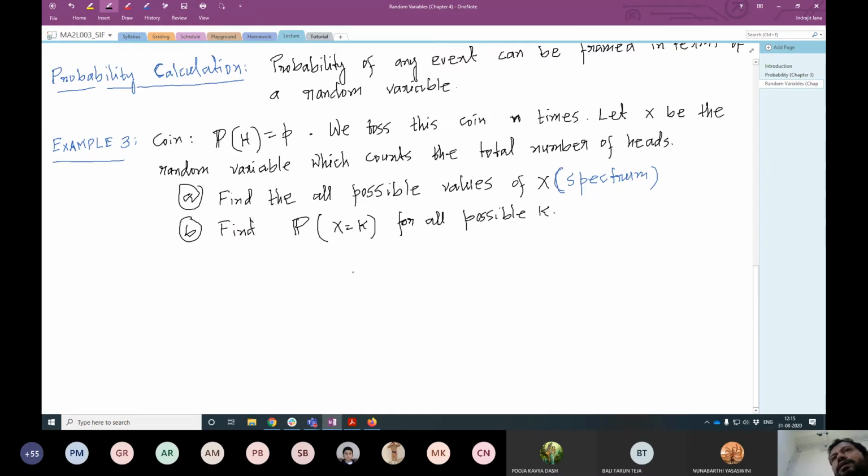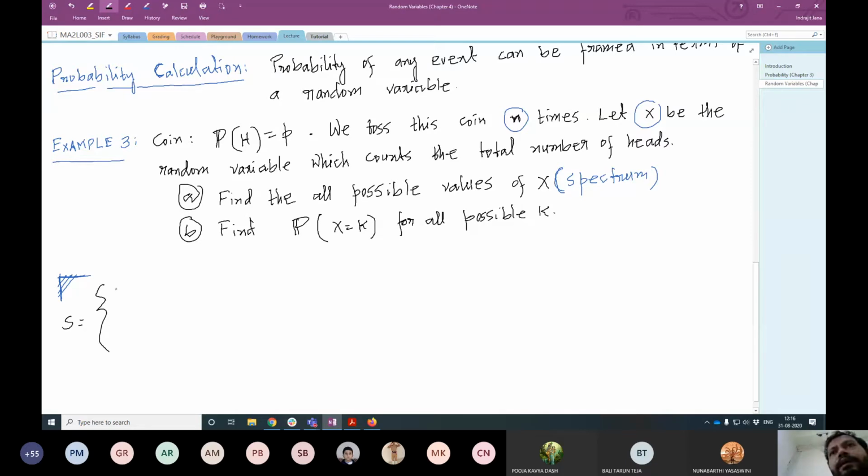Before I move to answer this question, I'd like to make a remark here about the random variable itself. We are tossing the coin n times and we are counting the number of heads. Now the number of heads is not a fixed number as you have realized. It could be anything random, because if you toss a coin 10 times, you are not sure how many heads you are going to get. But what I would like to specifically mention here is that the sample space is going to be many different arrangements of head and tail.